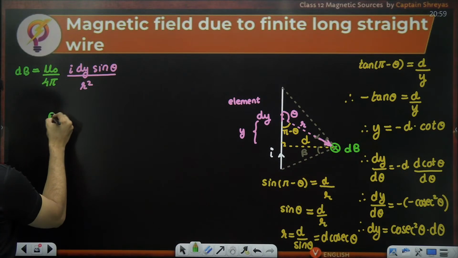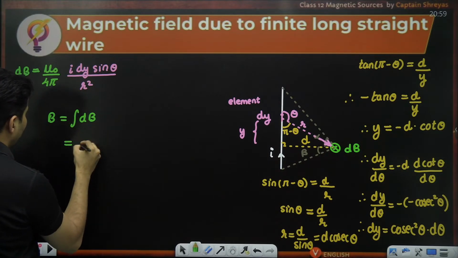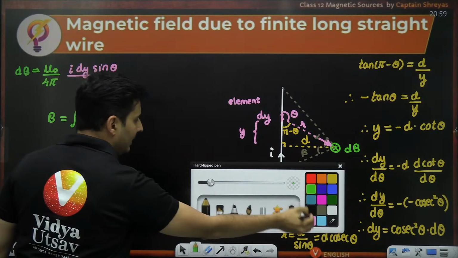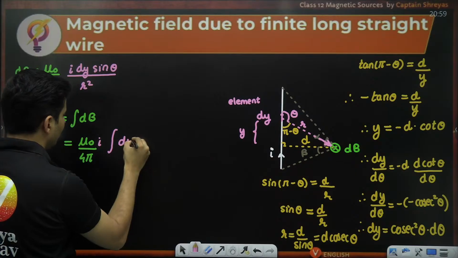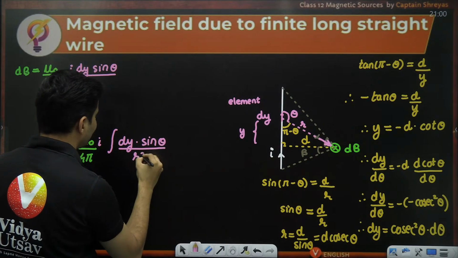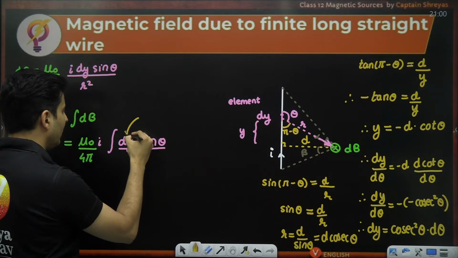So the magnetic field will be integral of dB. A lot of things like mu naught by 4 pi, and even that current, are going to come outside, and you will just have integration of dy, and then you will have sine theta, and you will have r square over here. You can substitute everything into this.